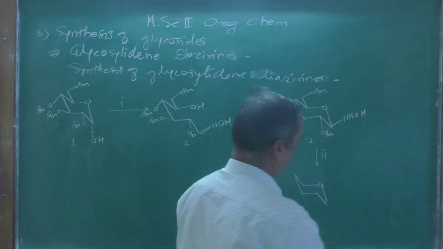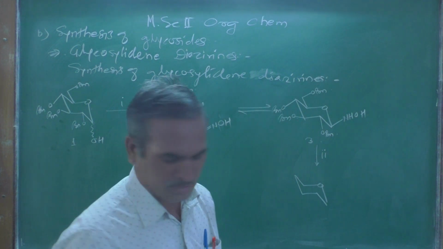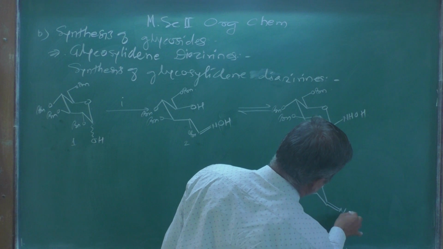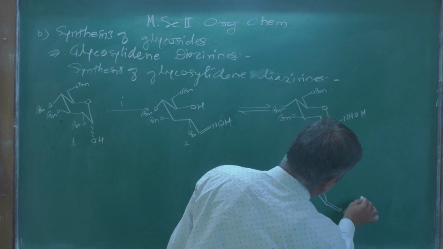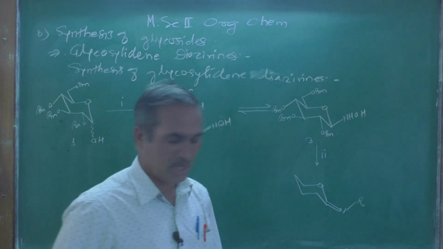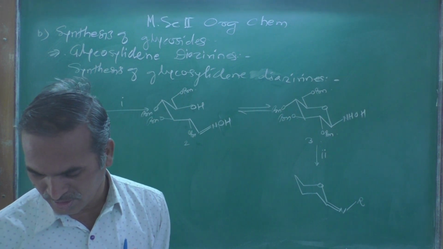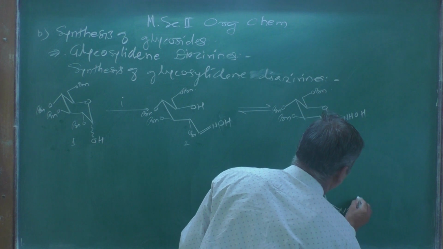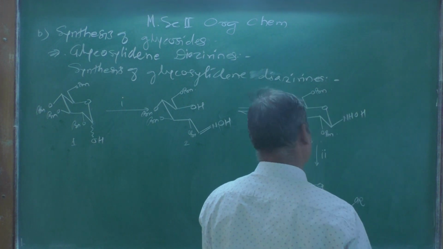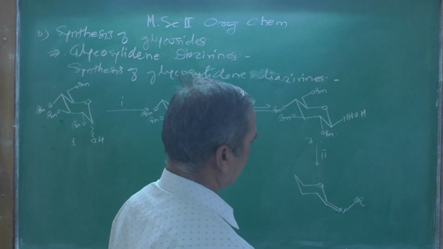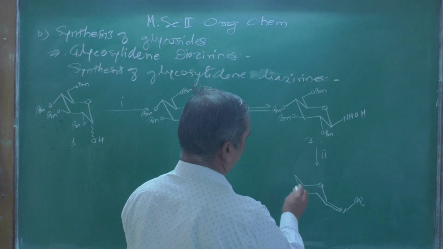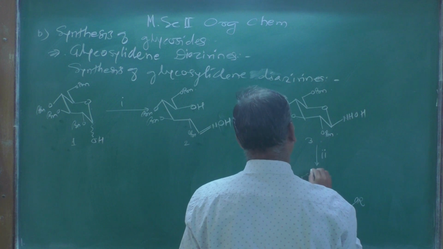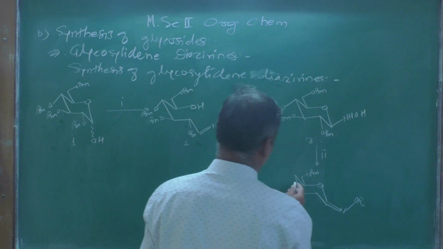You get this structure, with a double bond N, and here is an R group. Look at the change here: not R, there is an OR. OR means an alkoxy group, like this.